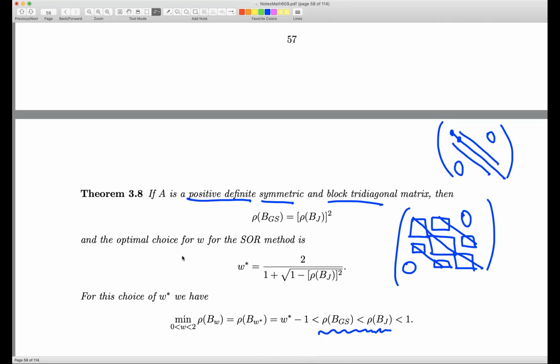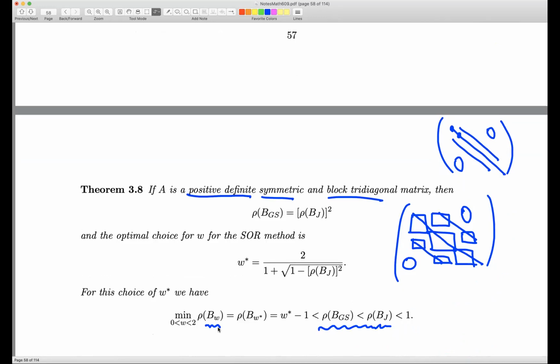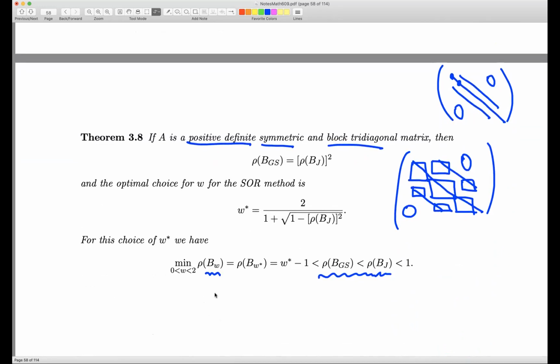Also, you can find the optimal choice for the SOR method. What does it mean, optimal choice? You look at the spectral radii of the matrices B_omega, and you find the omega for which this spectral radius is the smallest, because we know that the smallest spectral radius will give you the fastest convergence.